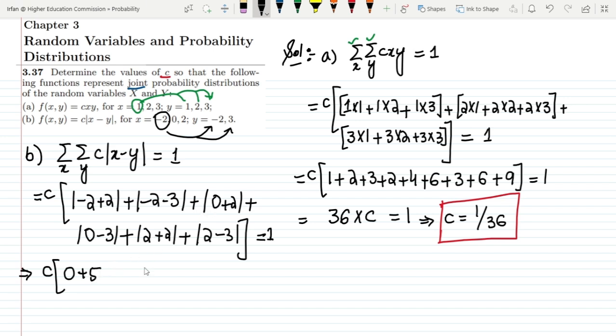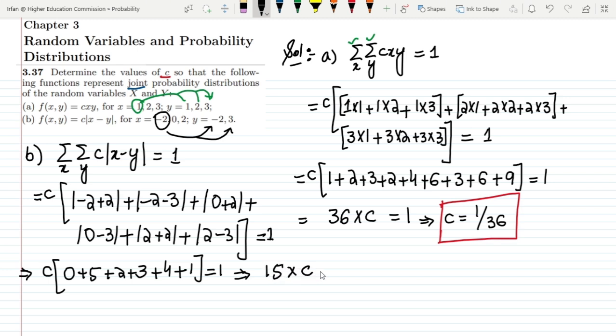Okay. And this is now 2. Okay. This will be plus 3. Okay. This will be plus 4, and the last one here will be plus 1, that is equal to 1. Okay.